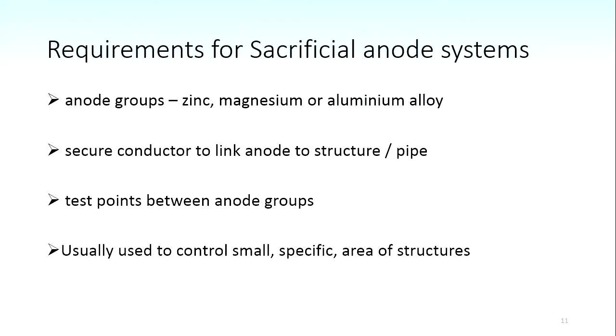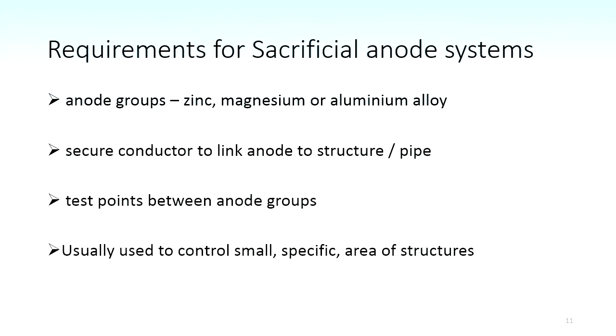So you've got multiple anodes on the system. You need to secure them to the system. So quite often they're bolted onto the structure, and we'll talk about how you put them on pipes shortly.